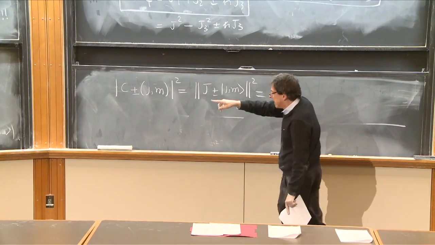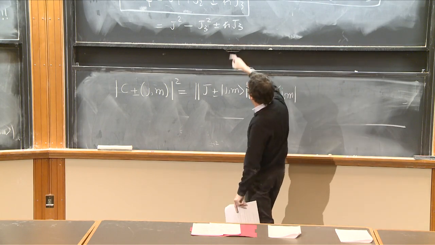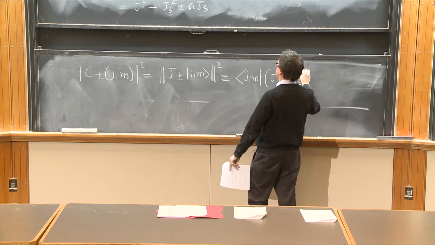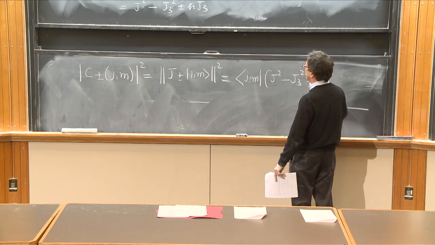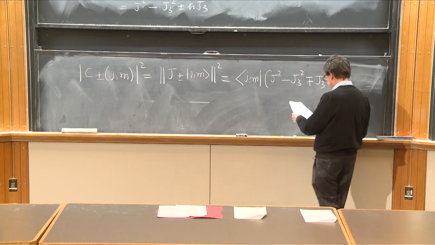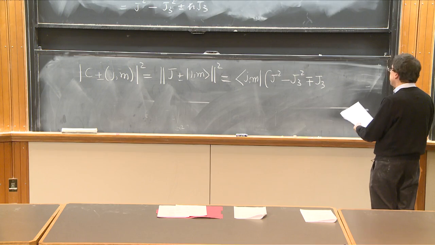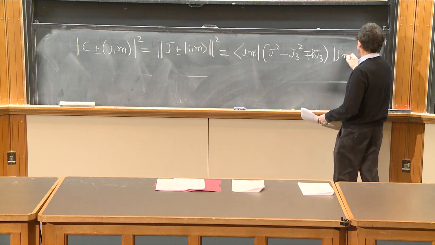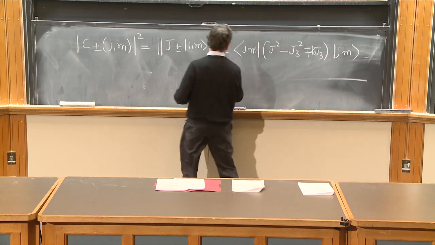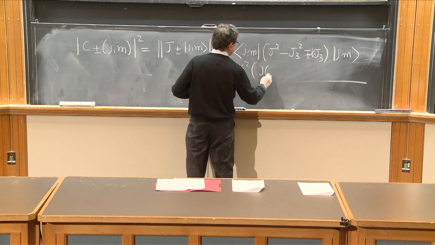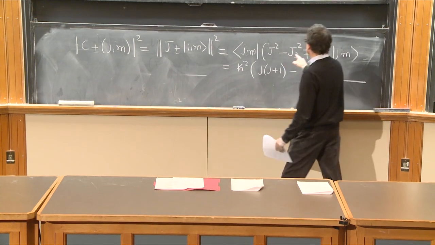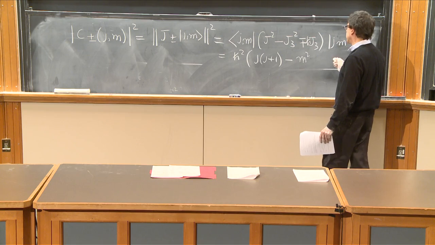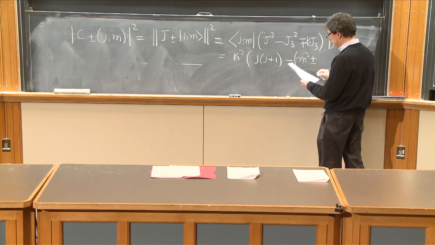So let's see. I have the sign minus plus plus minus, so I should change the signs there. So it should be j squared minus j3 squared minus plus h bar j3 on jm. So this is equal to h bar squared j times j plus 1 minus an m squared and a minus plus, so minus plus minus here.